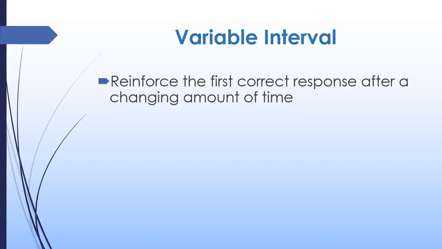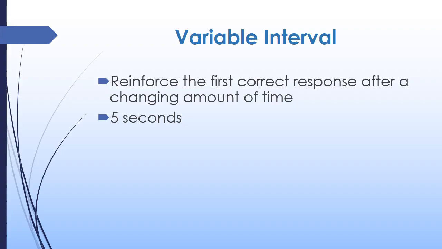So now, after he gets reinforced, you start timing. So let's say the first interval is 5 seconds. It doesn't matter what that rat does during those 5 seconds. He does not get reinforced until the first time he presses that lever after the 5 seconds is up. Then he gets reinforced, and then you start timing again.